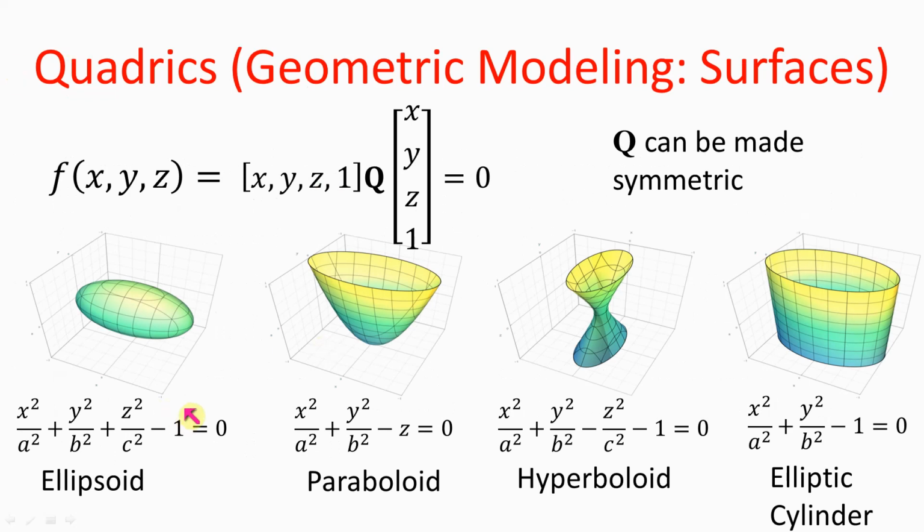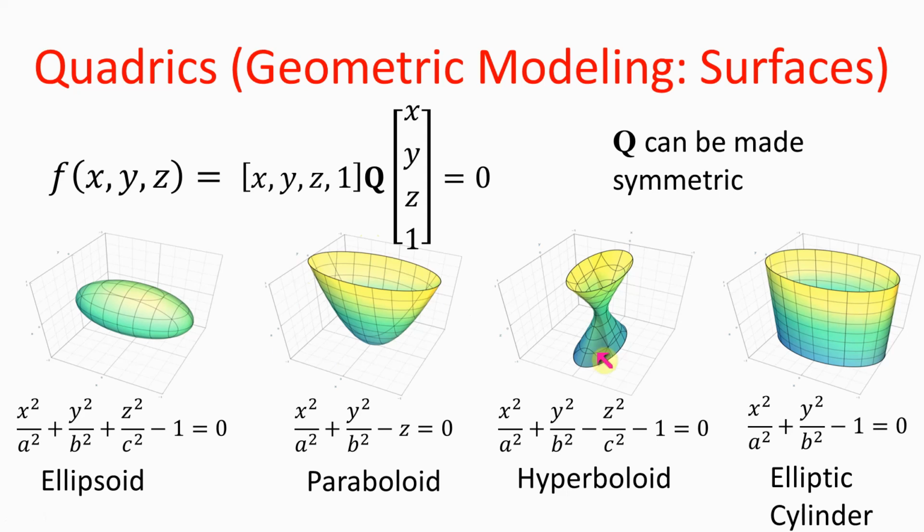We have seen specific examples of a special ellipsoid that is in the center of the coordinate system, and the axes of the ellipsoid are the axes of the coordinate system, or a specially placed and oriented paraboloid, hyperboloid, or elliptic cylinder, etc. All these objects are family members of quadrics.